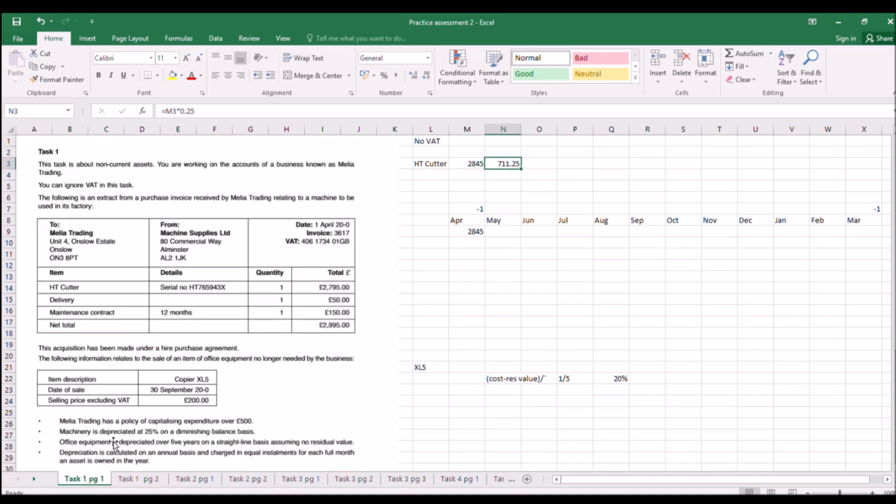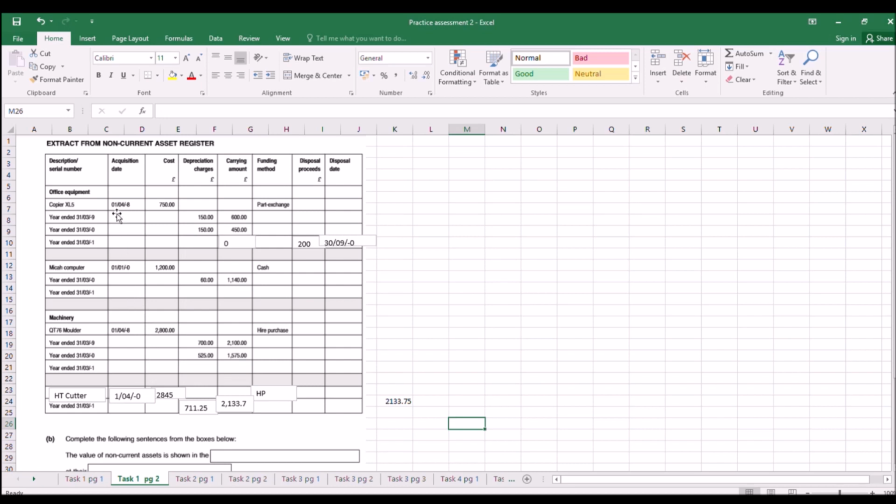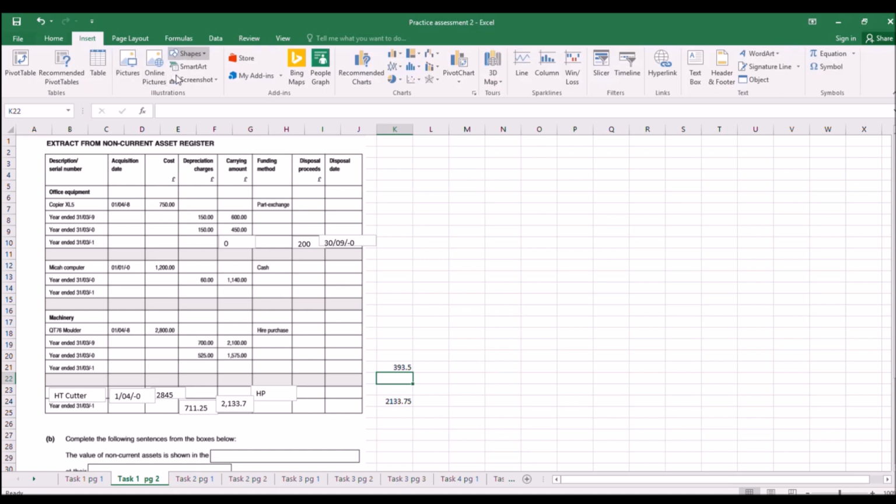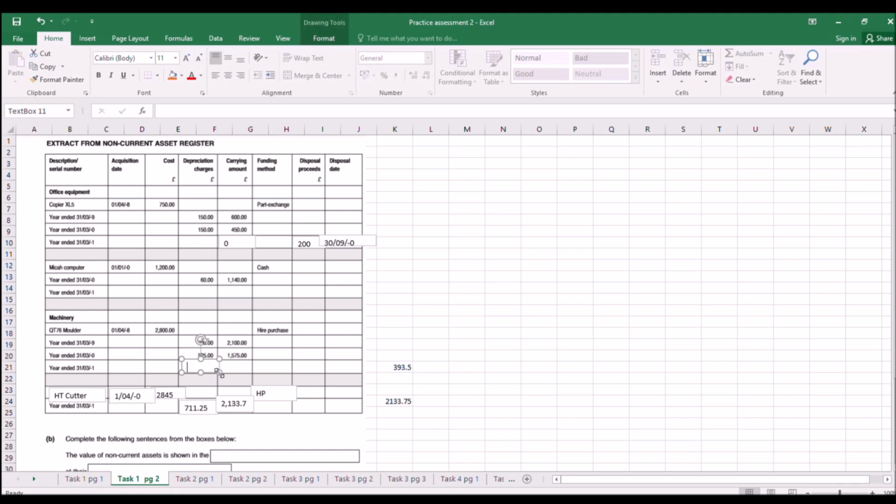What was our machinery? Depreciated 25% on reducing balance. So this is machinery here, 25% reducing balance. So we take this carrying value here of the previous year and we times that by 25%. 1575 times by 0.25. So we've got here our depreciation in the year on our diminishing balance, also known as reducing balance.